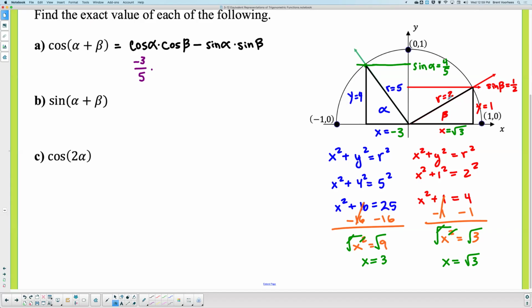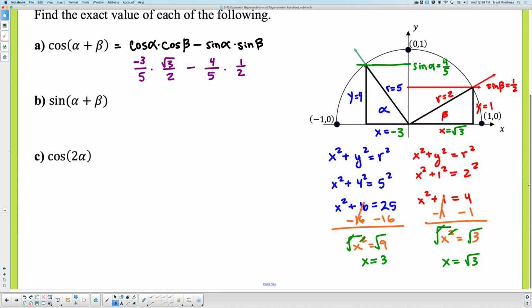X over r. So it'd be the square root of 3 over 2 minus sine A, 4 over 5, times sine B, 1 over 2. We can simplify that.